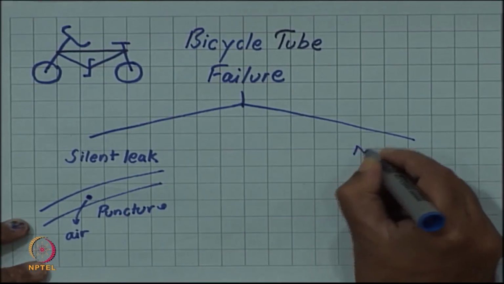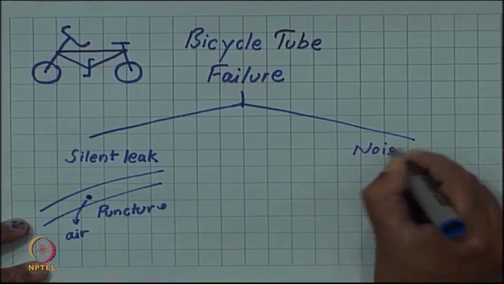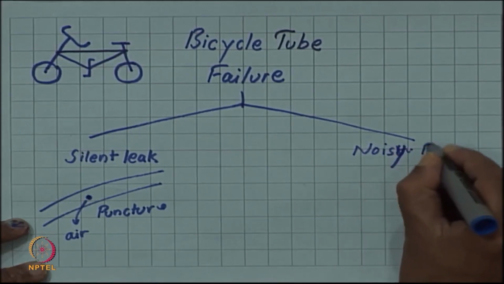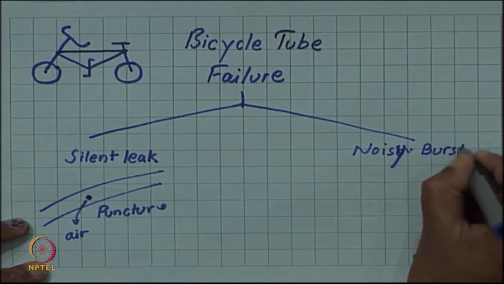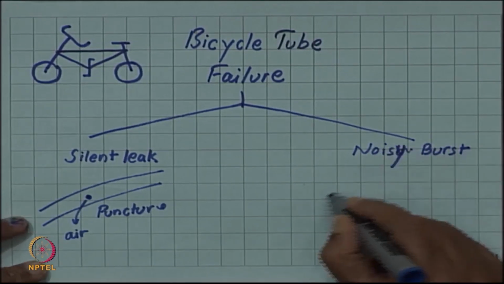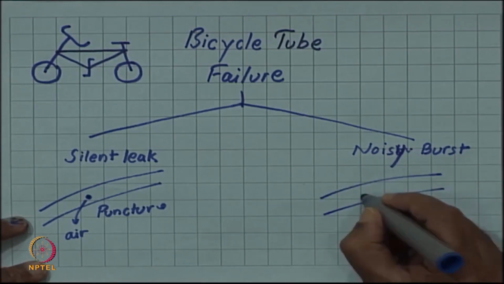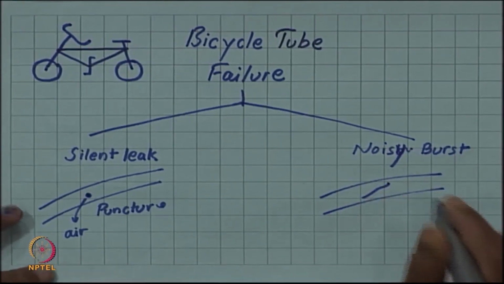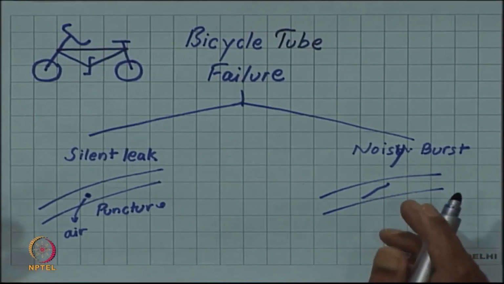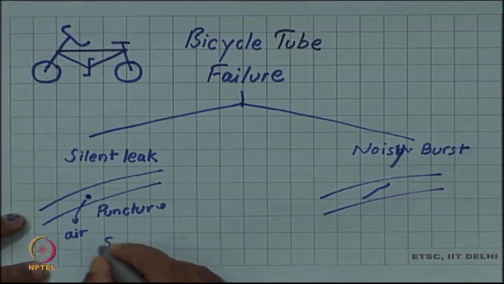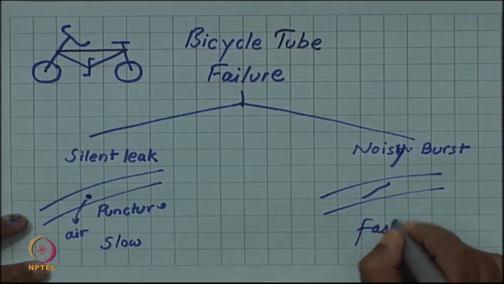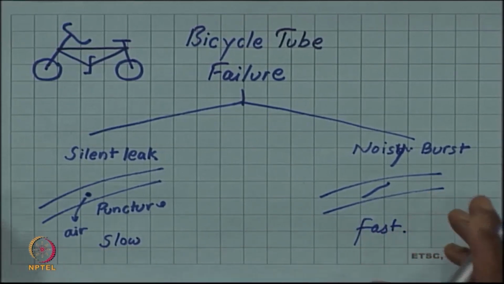But the other way of failure is a noisy burst, which can be quite embarrassing. In this, you will find that there is a rupture in the tube, a long crack, and it is quite sudden. So, this is slow, this is fast. Why these two different ways?